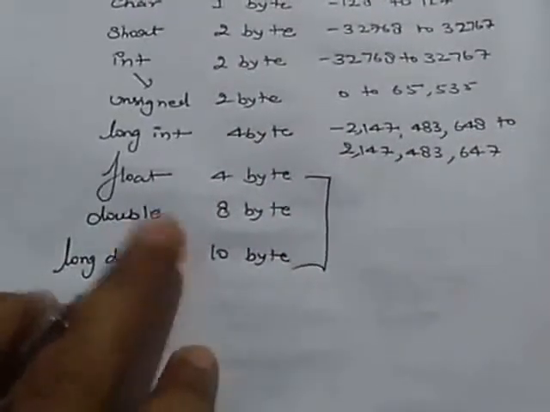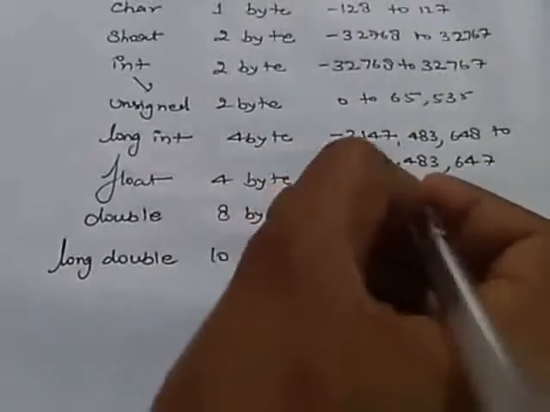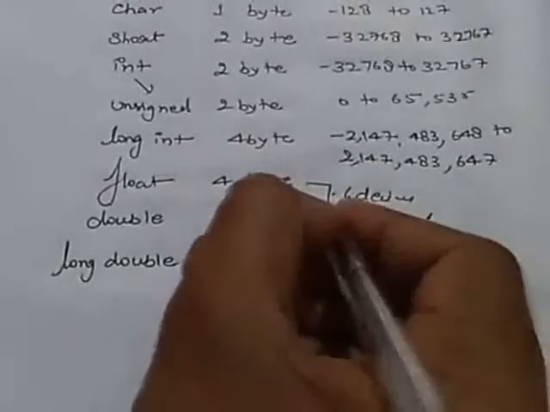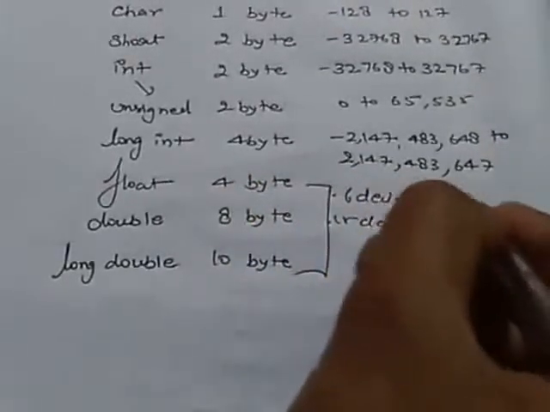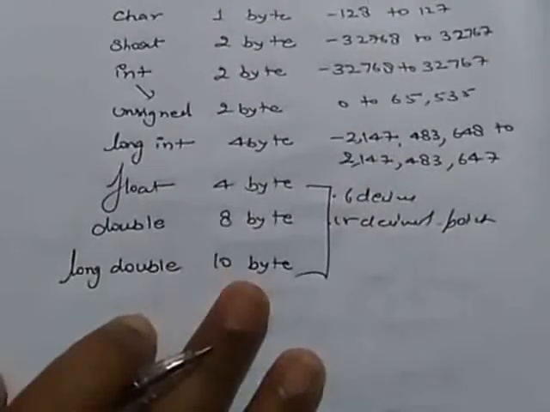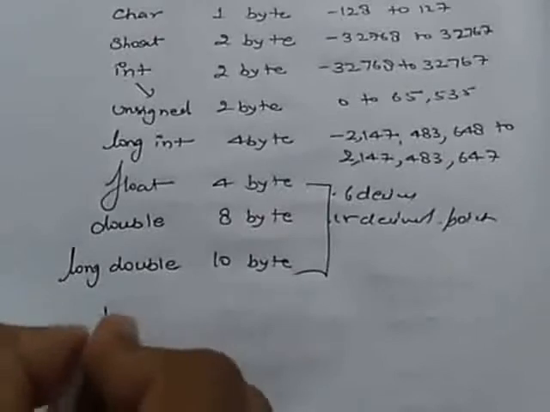Now in case of float we have 6 decimal points and here we get 15 decimal points. So these are our basic data types: character, integer, float, double, long, and one more that is boolean.